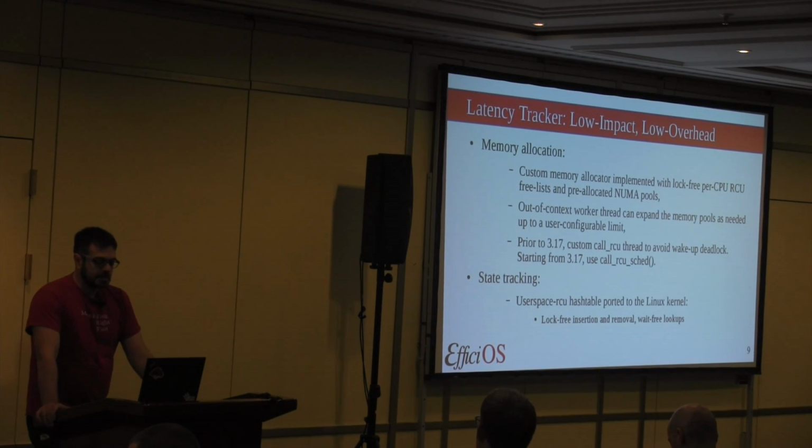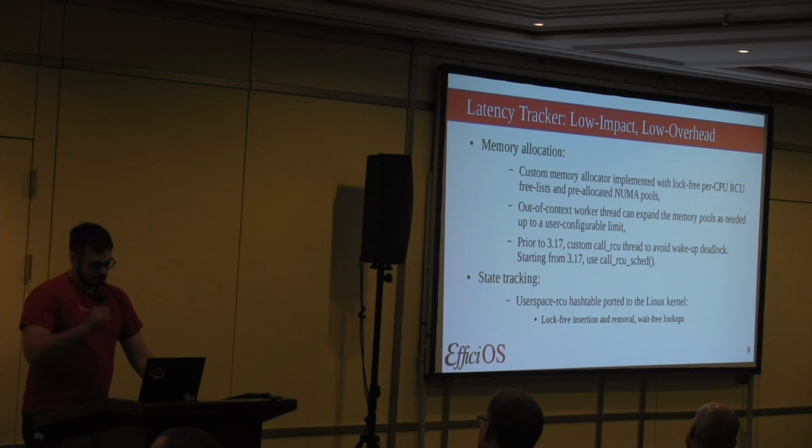Before 3.17, we needed to implement our own call RCU thread to avoid wake-up deadlocks due to the way wake-up was working. From 3.17, we can use call RCU to do that. It works. We can call it from various contexts, and there's no problem there.